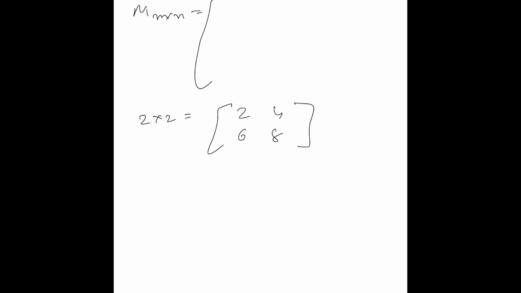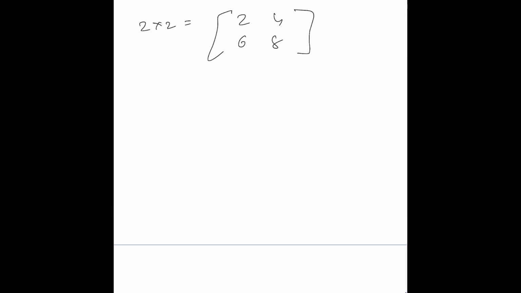So m multiplied by n, and let's assume we have a matrix of 2 by 2. It's 2, 4, 6, 8. If we want to add another matrix of 2 by 2, we have 1, 3, 9, 7.